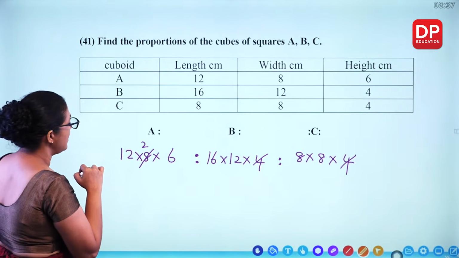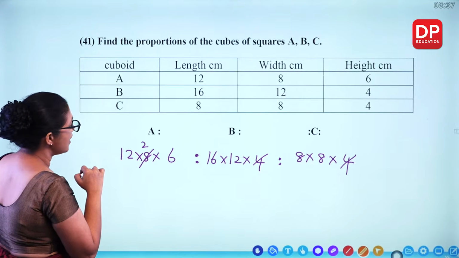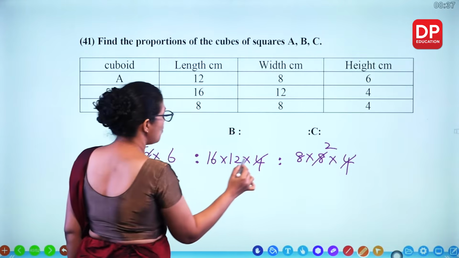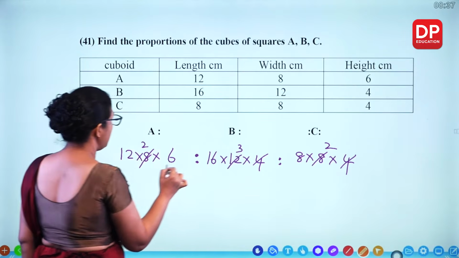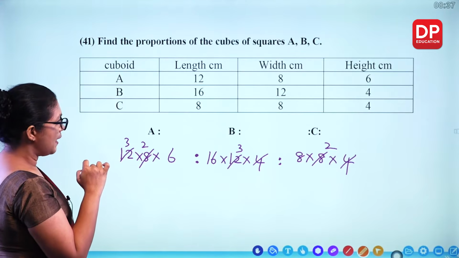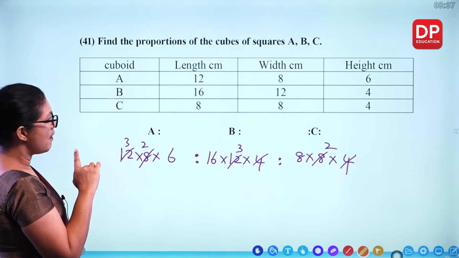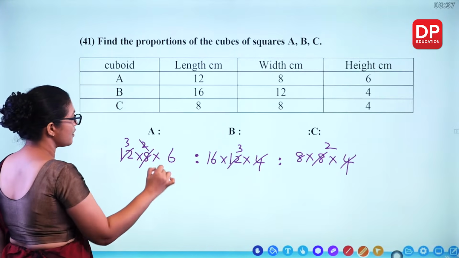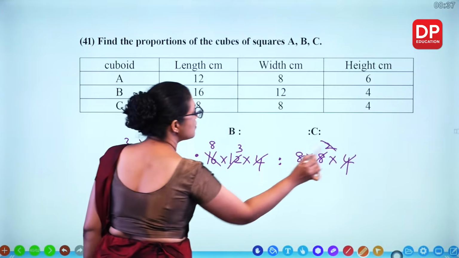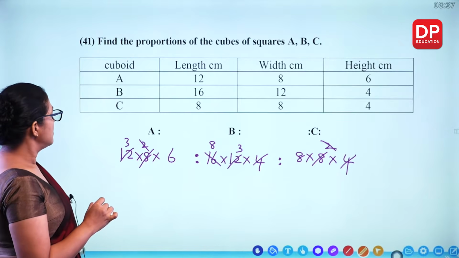Divide by, again you can divide by 4. 4 times 2, 4 times 3, 4 times 3. Then we can divide by 2. Here 8 and 2 get cancelled out. What else?